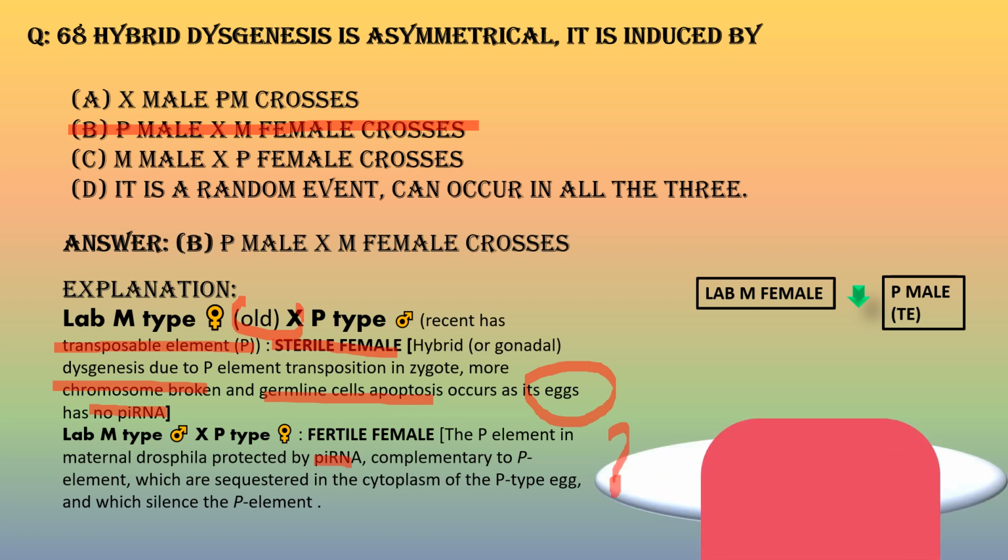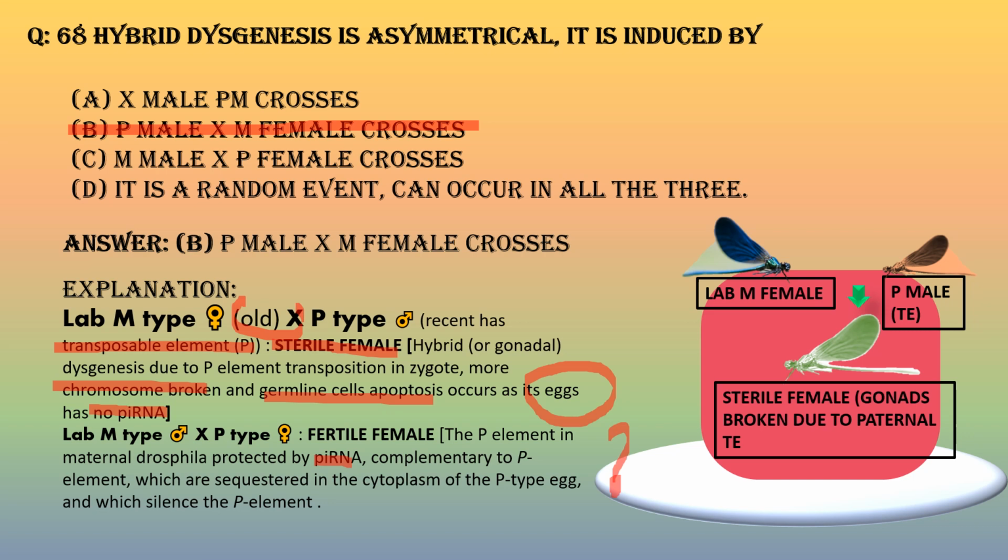Now we can see it in diagrammatic form. This lab M type female is the old strain. This P type male is found only in recent days. So when crossed, it produces a sterile female because the gonads are broken due to the paternal, like male, transposable element.